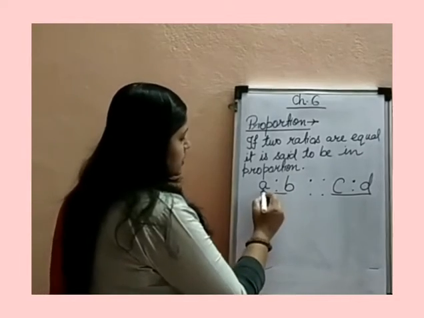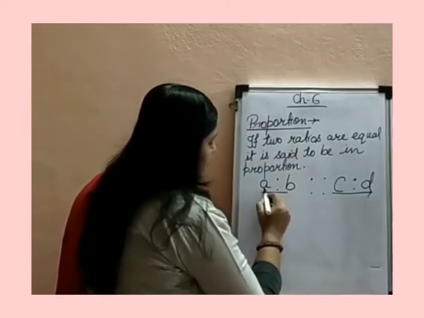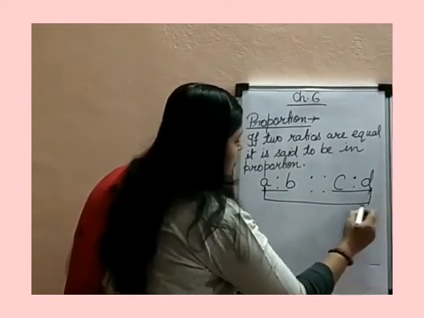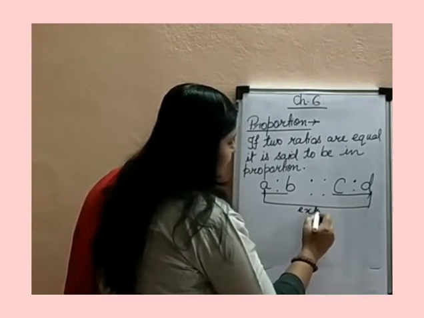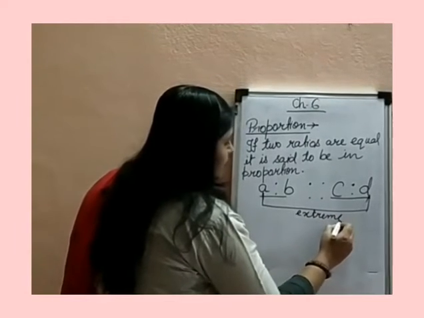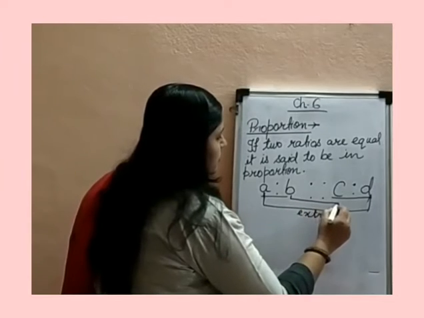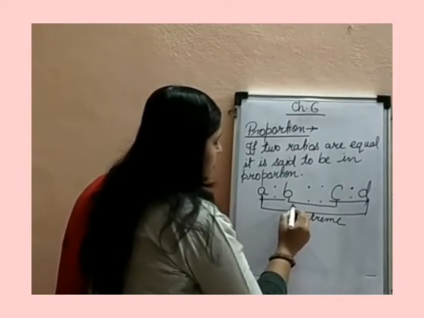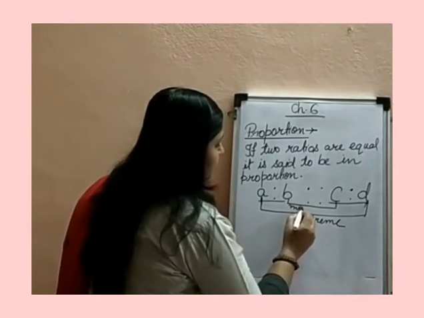So the first and last digit is called extreme, and the second and third number is called middle term.